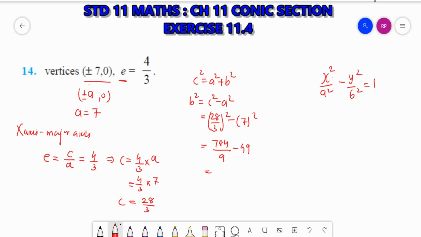So when you solve this, you will get 784 minus 441 by 9, 343 by 9. So I got the value of b square.